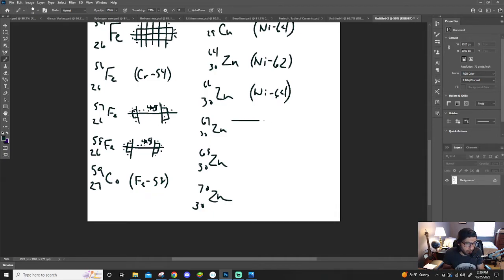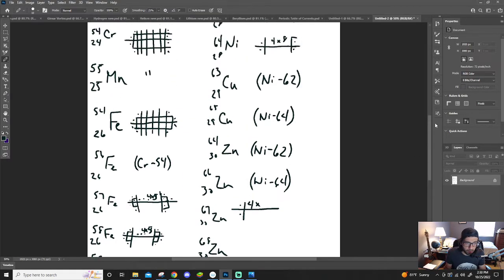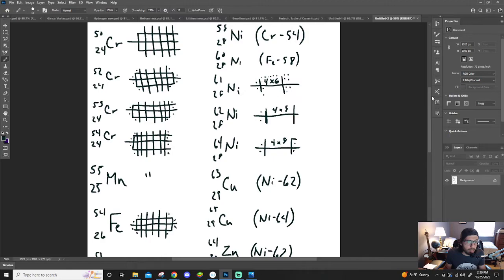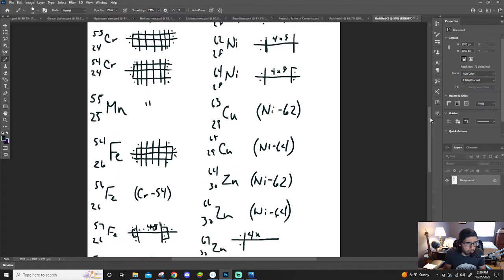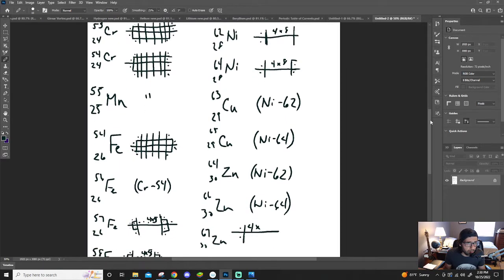So we have a cross here, dots, two dots, and then a 4 by 8.